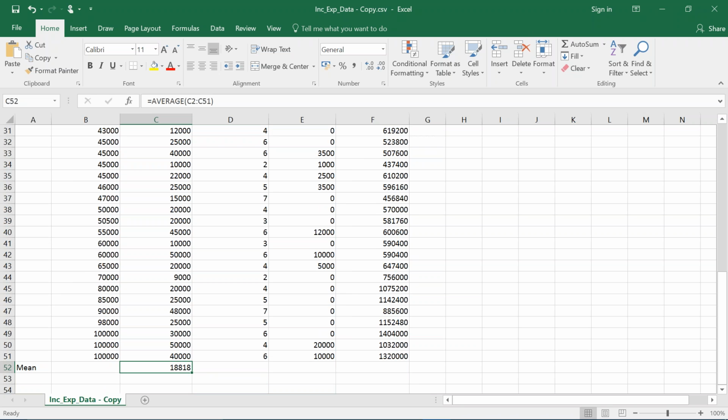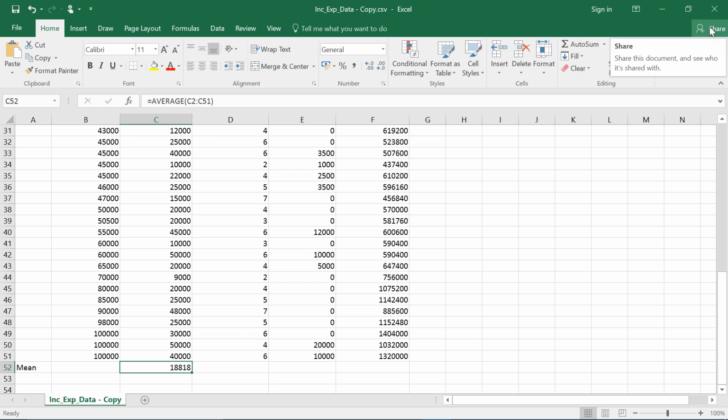So if I don't give you any information, in absence of any information, if you have to make a statement, what is the expense of a household, what will you say? Average expense of a household is about 20,000 rupees. That is a generic statement that we can make.